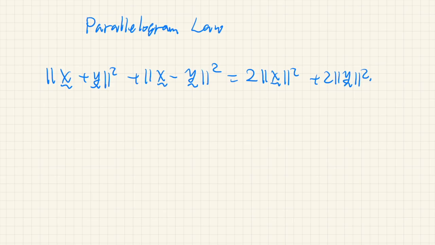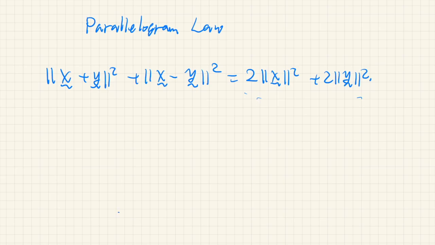So proving this is just trivial. If you just expand these two norms by using the inner product, then we just get this on the right hand side. But what's important here is that we can do some geometry in the Hilbert space.